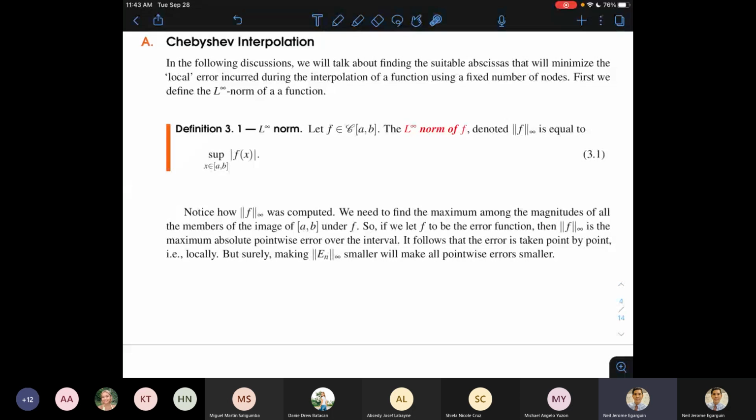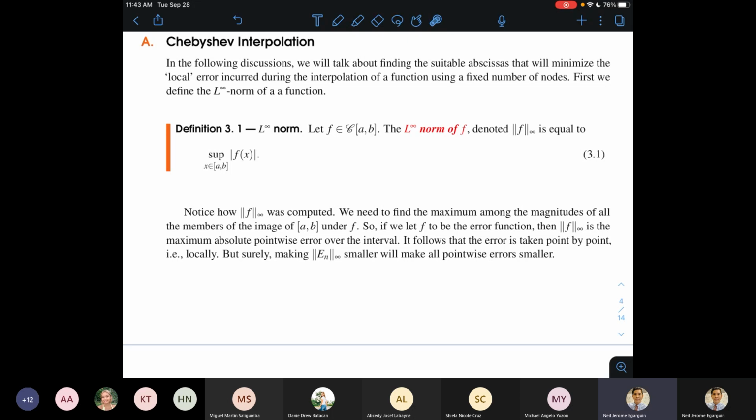So if you have a continuous function f over the interval AB, then its L infinity norm, denoted by this guy, okay, is the supremum of the magnitude of f for x's over the interval AB. So, kunin nyo lang yung maximum ng absolute value ni f. Tingnan nyo ano yung maximum over the interval AB.